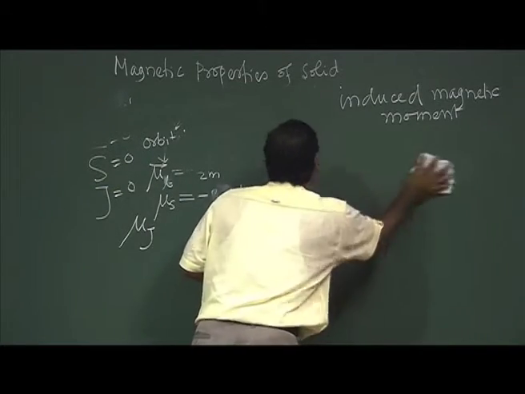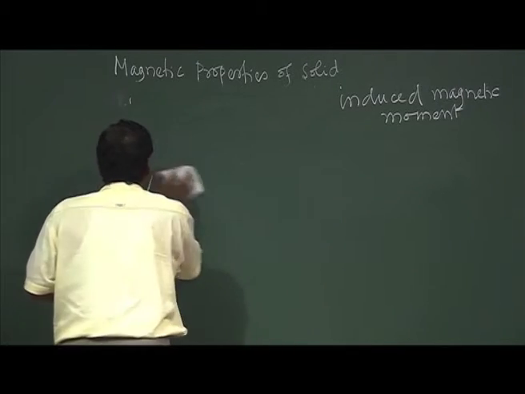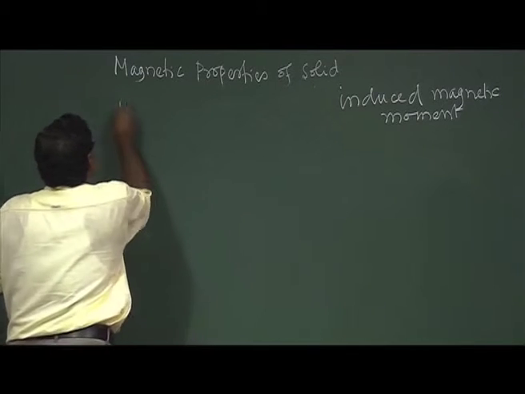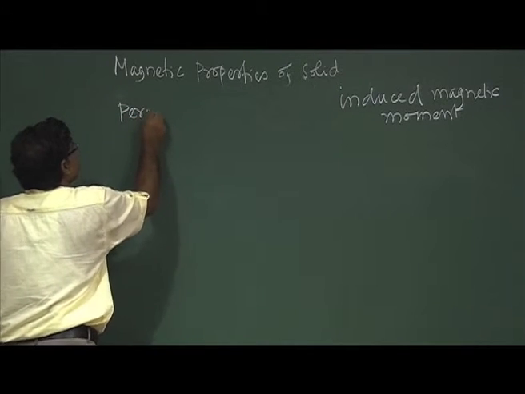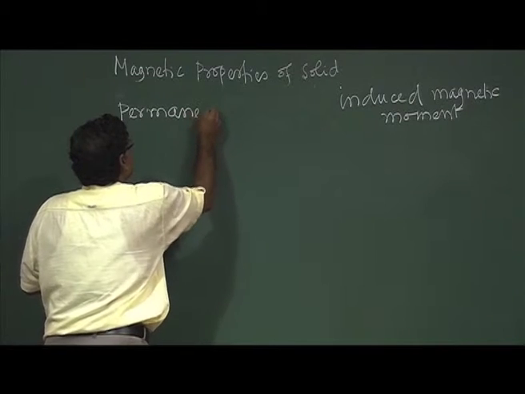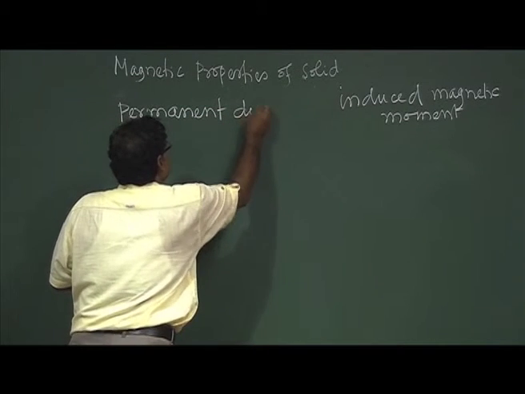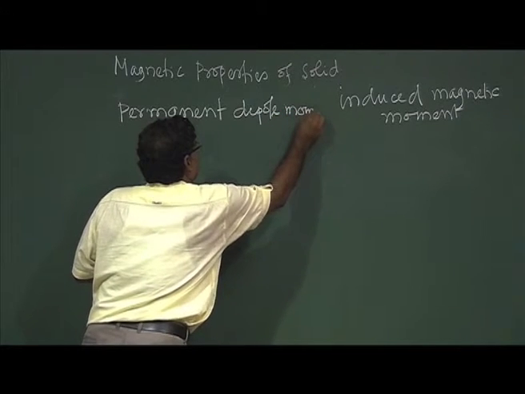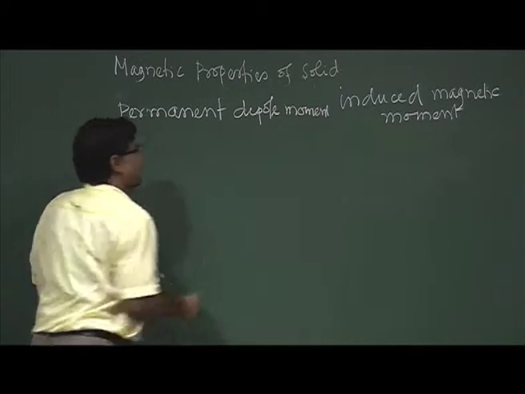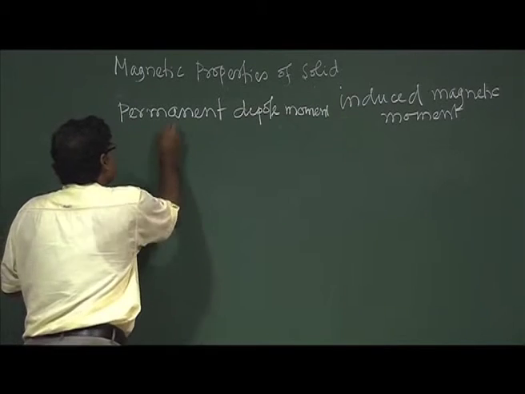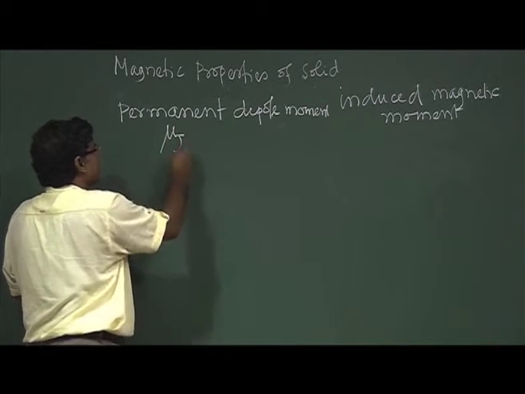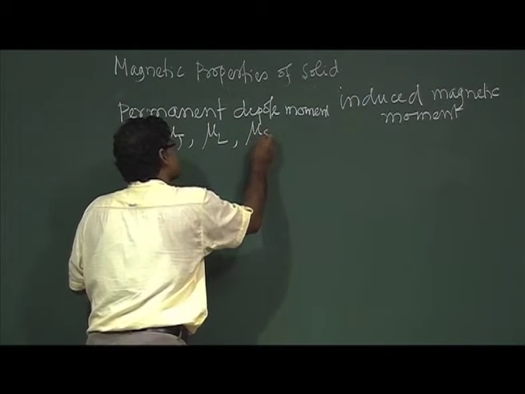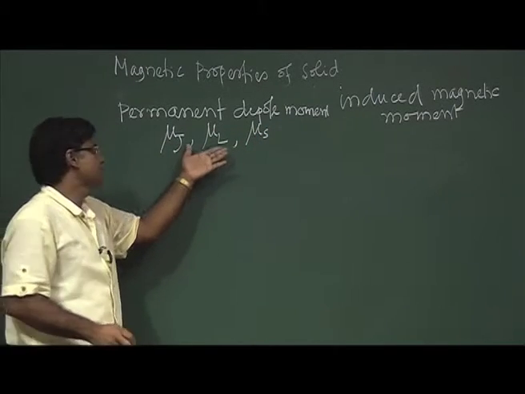A material is made of atoms and each atom has a permanent dipole moment. That dipole moment can be mu j, mu l, or mu s, depending on which one is 0.